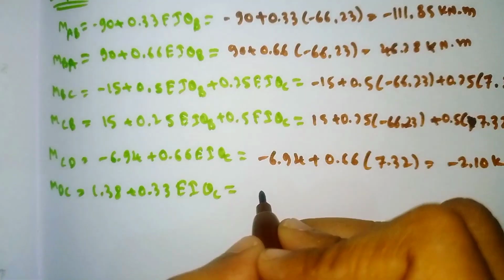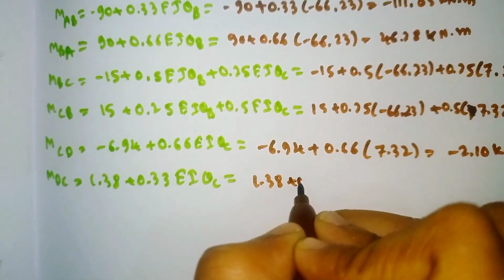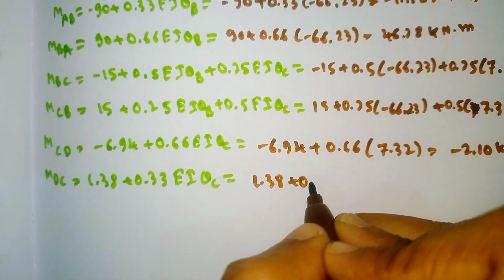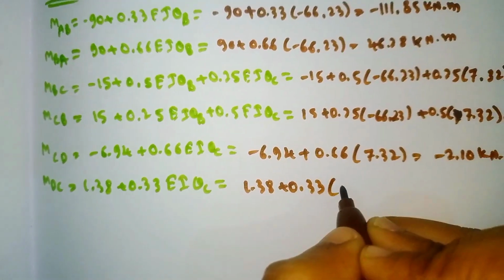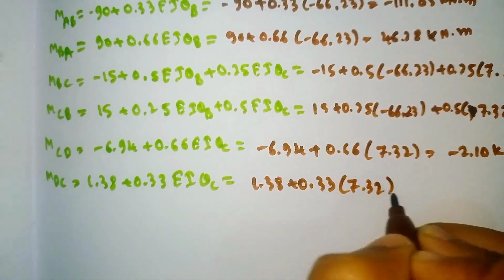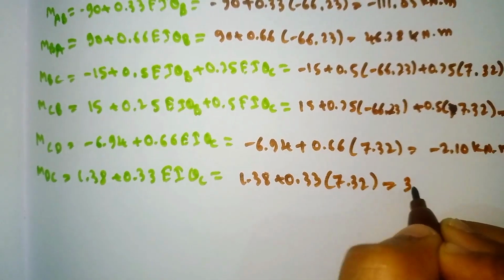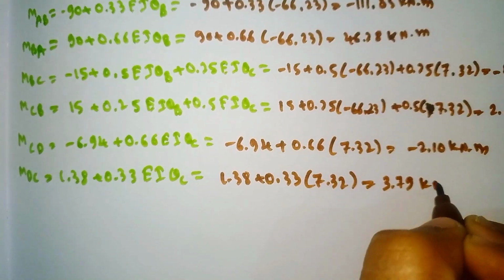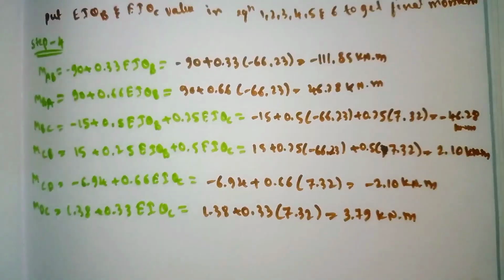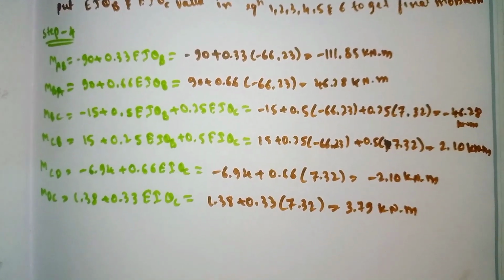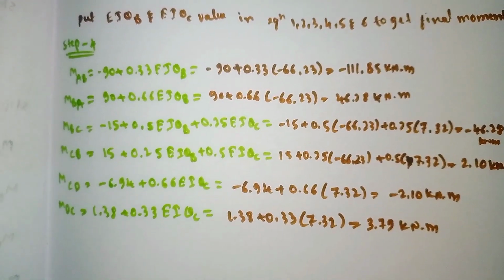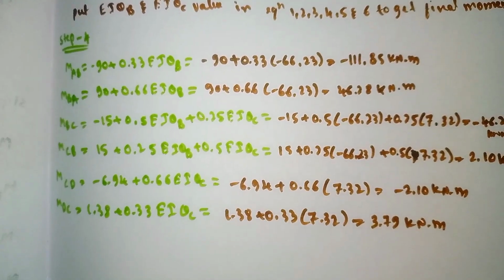For MDC, 1.38 plus 0.33 times 7.32, so it will come out as 3.79 kilonewton meter. So these are our final moment values. This is our step 4, and now step 4 is completed.